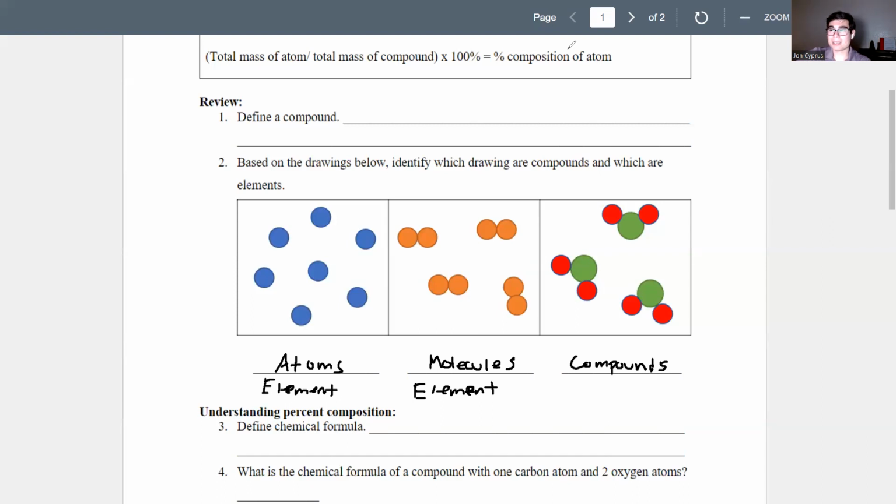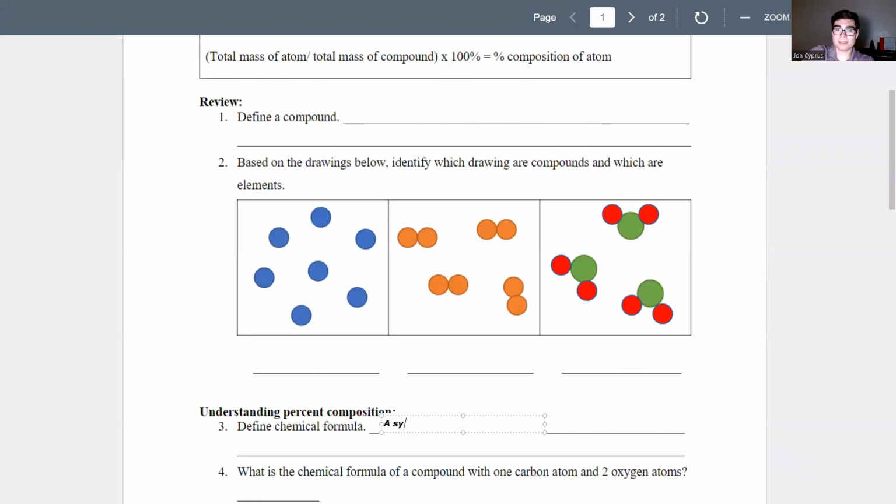All right, so next we're going to define what a chemical formula is. A chemical formula is a way that we can represent a substance with their elemental symbols and numbers. So we define it as a symbolic way to represent substance composition.